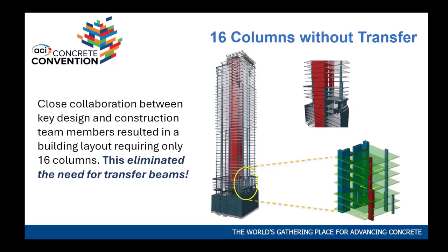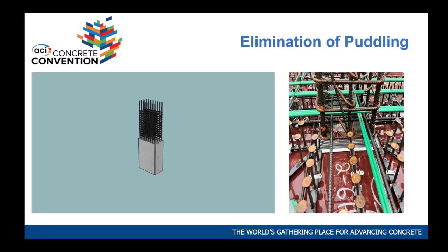So we didn't have any transfer beams at all from dynamic base, which we call grade level, all the way to the top. That made things much easier, less congestion, and eliminated all the transfer beams that could impair some of the occupancy of floors.